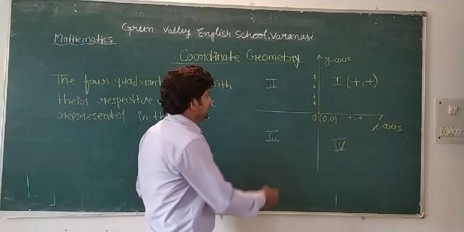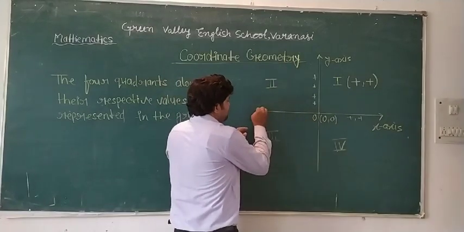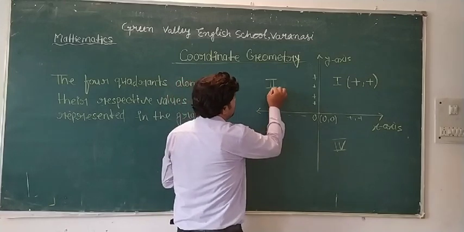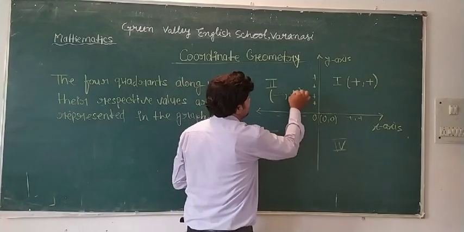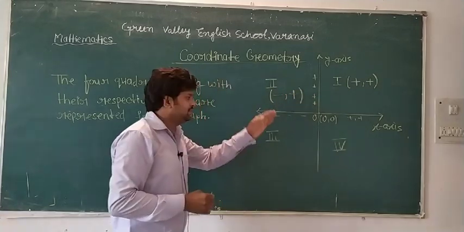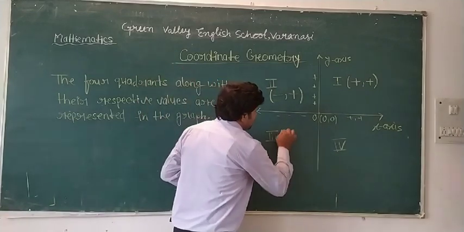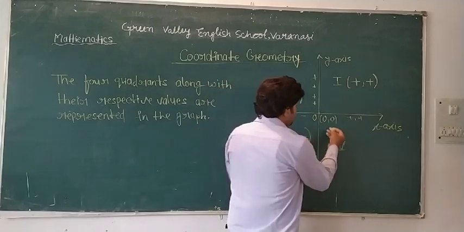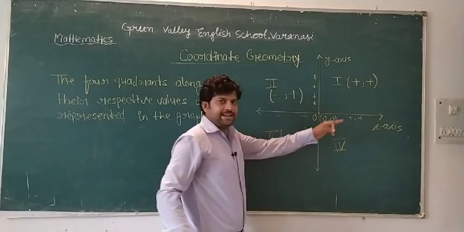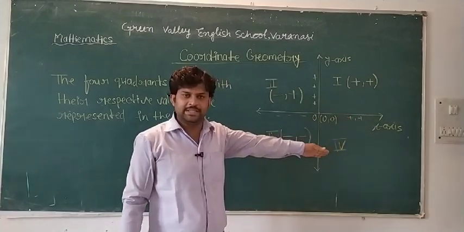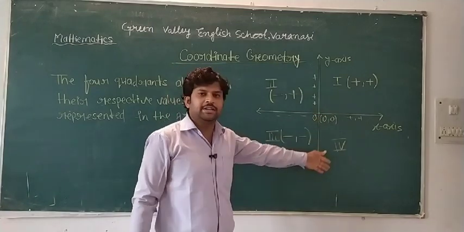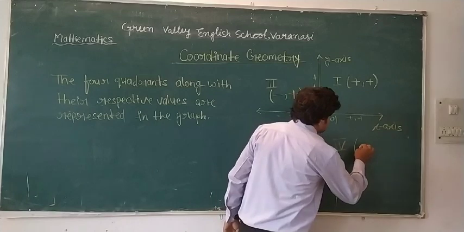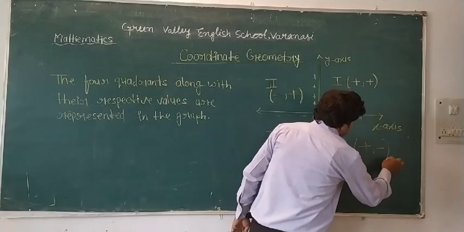In the second quadrant the left side of the x axis is negative, therefore minus plus, and in the third minus and minus. In the fourth quadrant, first we write the sign of the x axis and next the sign of the y axis. Therefore the sign of the fourth quadrant is plus and minus.